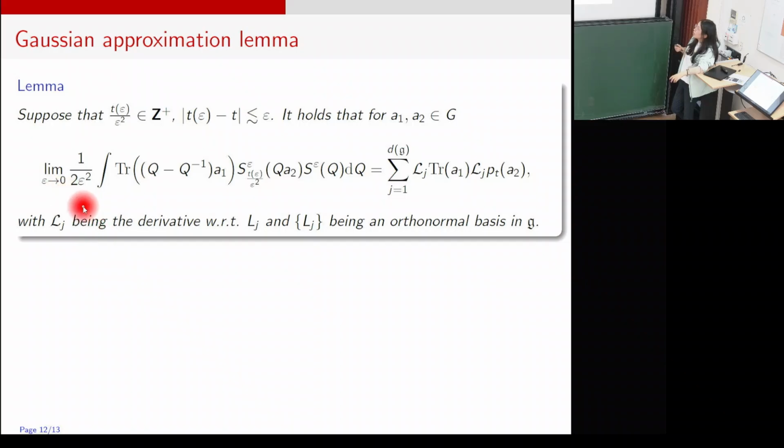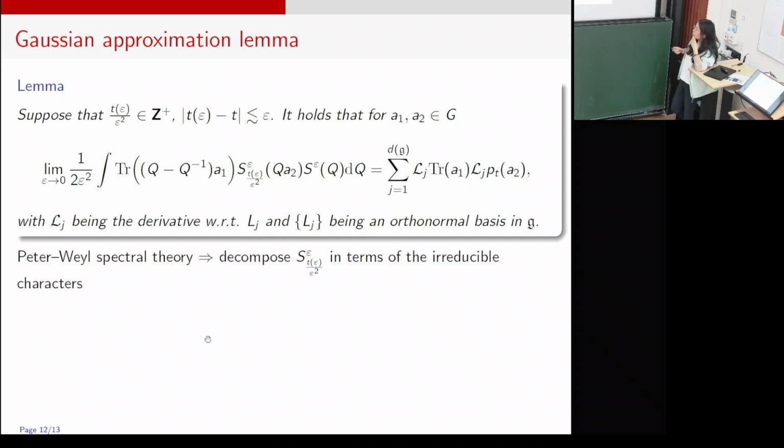And when epsilon goes to 0, we can prove this kind of integral will converge to the derivatives of the first component of this trace, and also the derivatives of this heat kernel. And now if we take the integrals, this will give us the gradient of this trace component and also this heat kernel part. So this is a very important result to help us identify the limit of this deformation part.